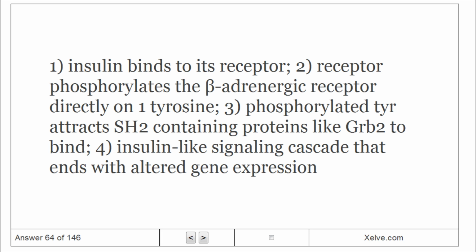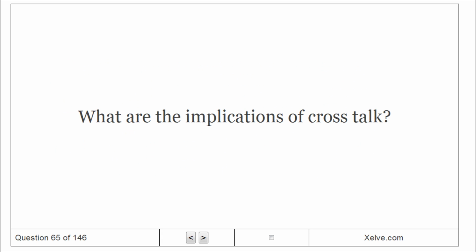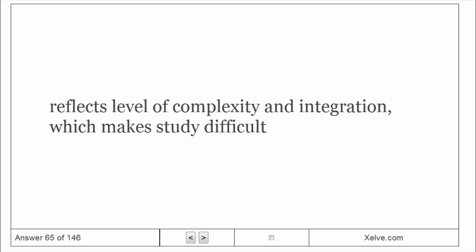Four, insulin-like signaling cascade that ends with altered gene expression. What are the implications of crosstalk? Reflects level of complexity and integration, which makes study difficult.